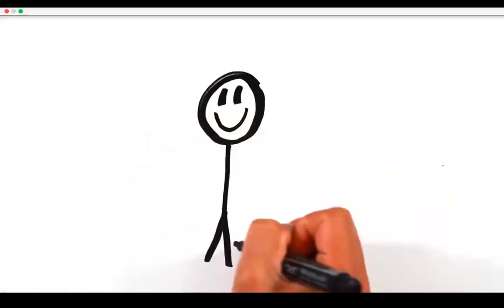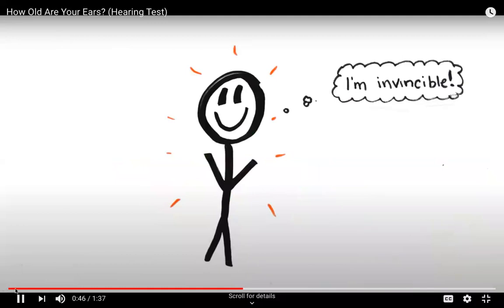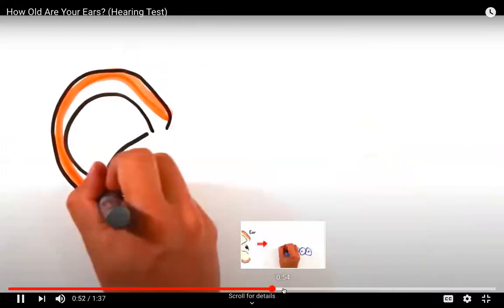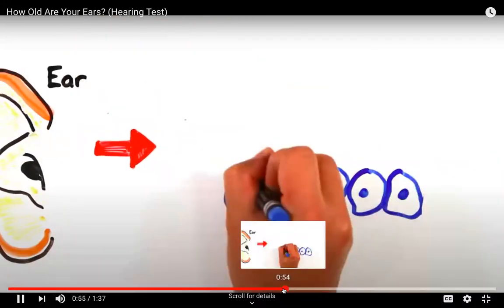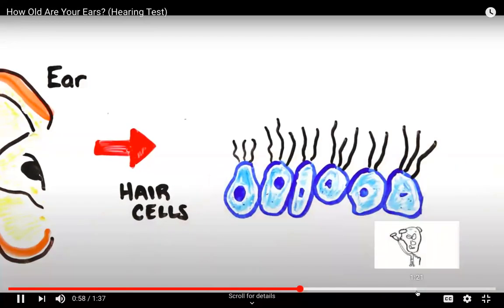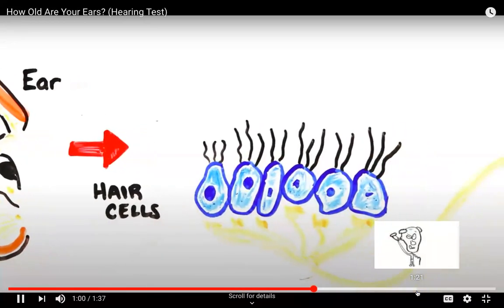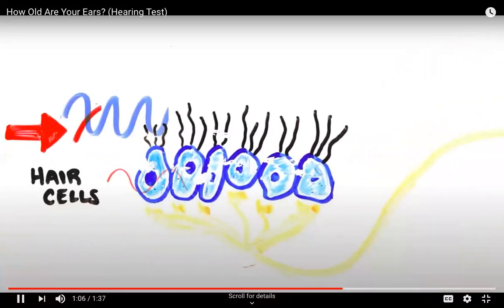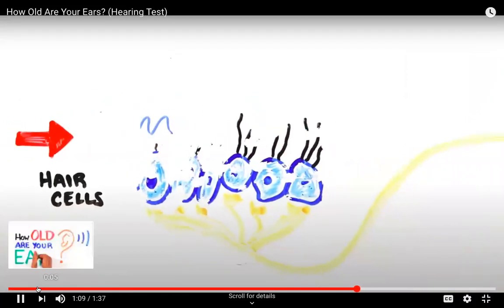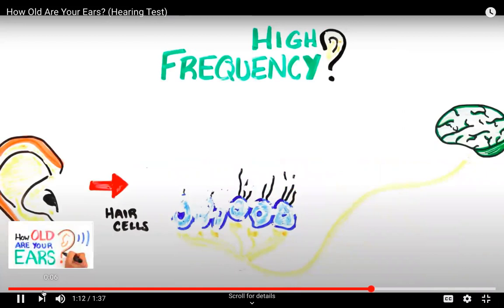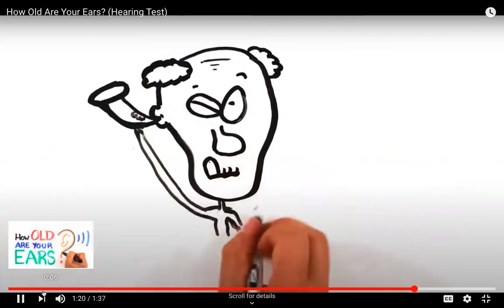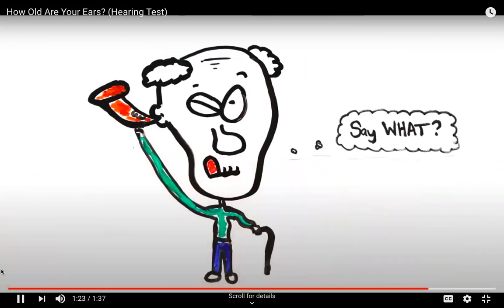If you could hear all of those frequencies, you're probably under 20 years old, but that won't last forever. Unlike other organs such as the liver or skin, the inner ear does not have the capacity to regenerate. In your ear, there are thousands of tiny nerve cells called hair cells. These are responsible for picking up different frequencies and sending the signal to the brain where it's processed. But as you age, the continual exposure to noise and loud sounds can break, bend, and destroy these cells. So why do the high frequencies go first? It turns out that the hairs tuned to high pitches are the first to encounter sound waves. As a result, they experience more stress and tend to degenerate earlier, which is why the older you are, the harder it is to hear high pitches.